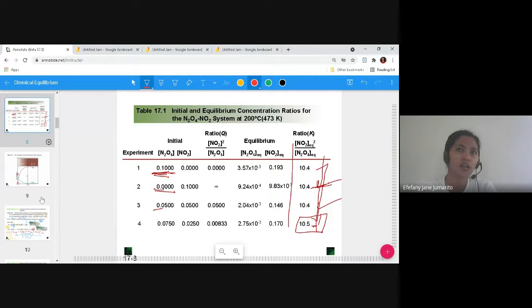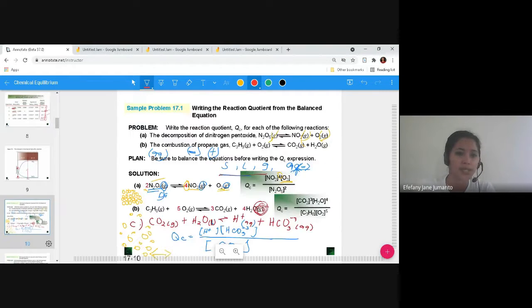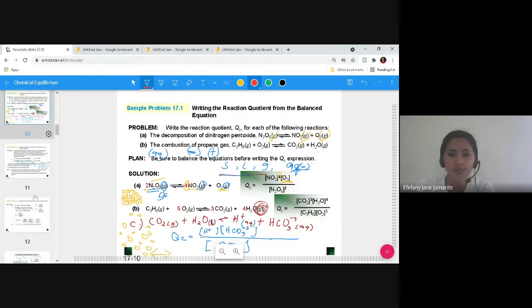No matter whether your initial concentration is small or large, it will still proceed to equilibrium, and equilibrium is constant. It's constant no matter how much you put in as initial, whether large or small.